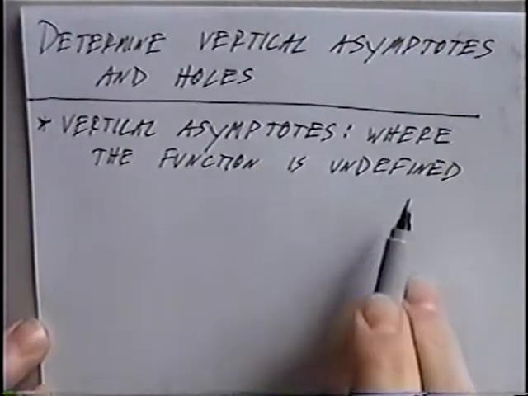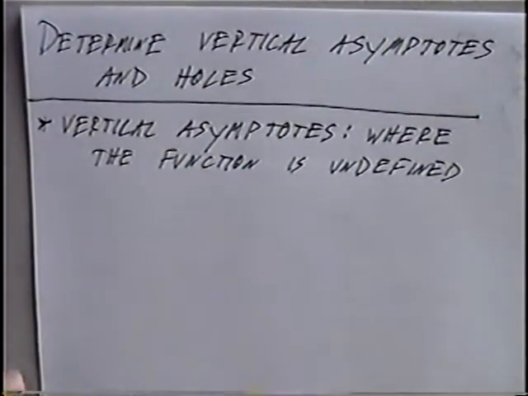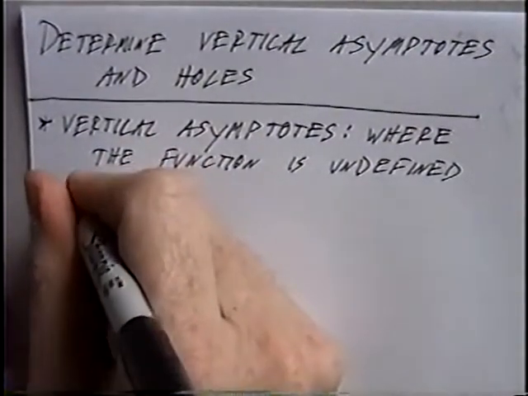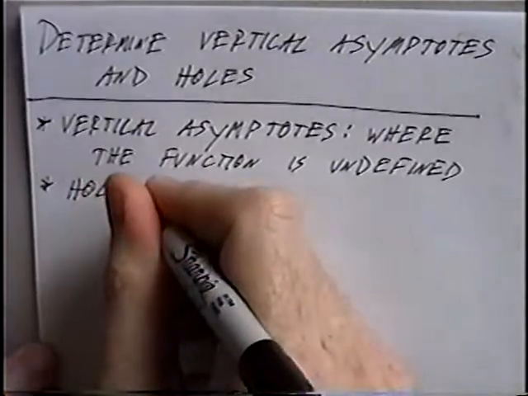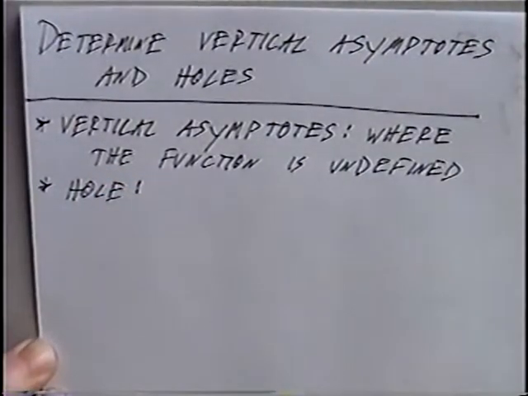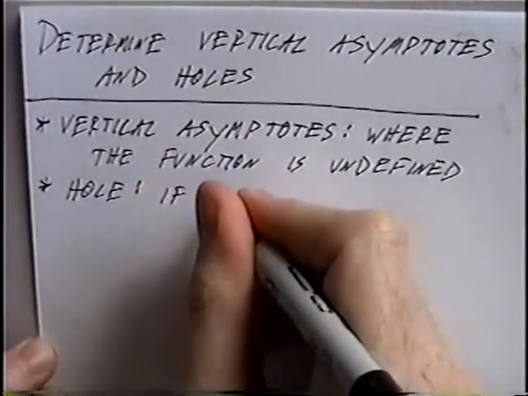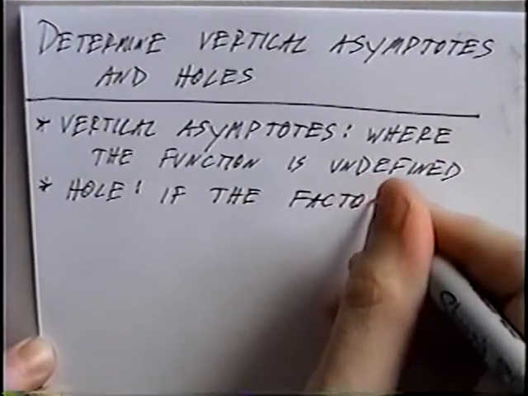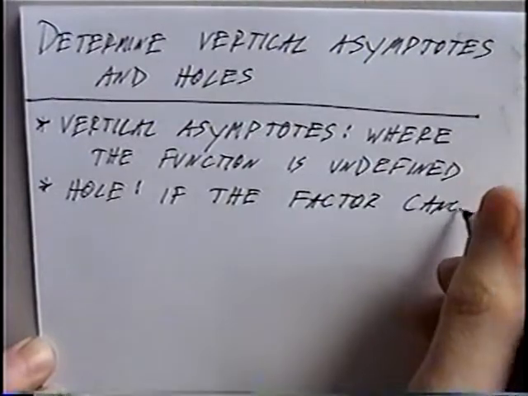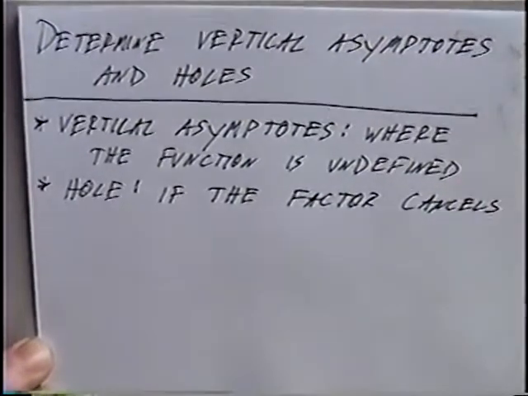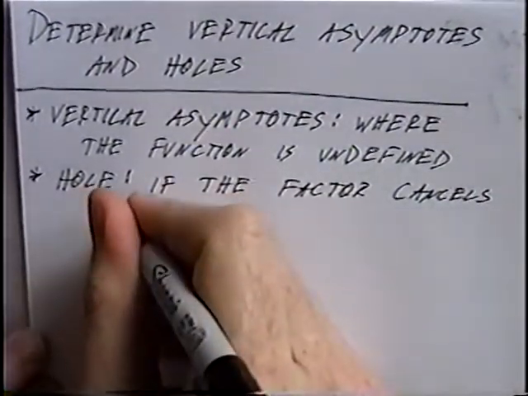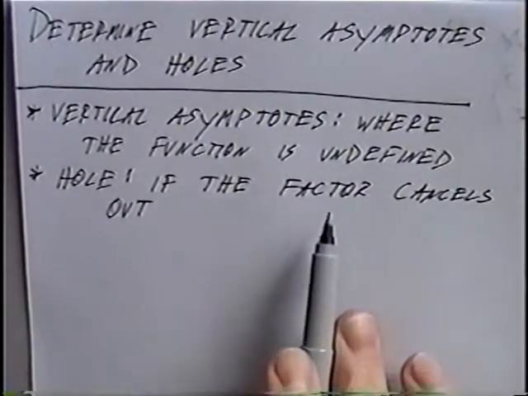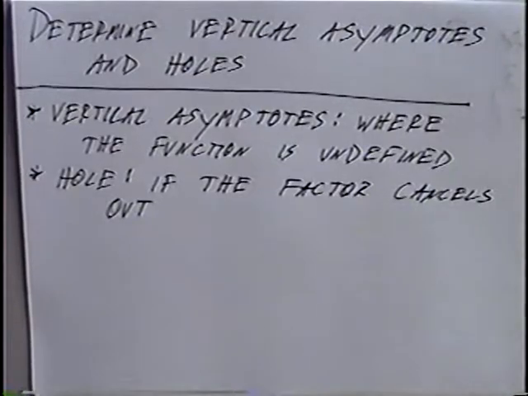If you remember, undefined would be where the denominator is equal to 0. And the second definition would be for a hole in the graph. A hole is if the factor cancels out. In order for a factor to cancel out, it'd have to have the same factor in the numerator and denominator.